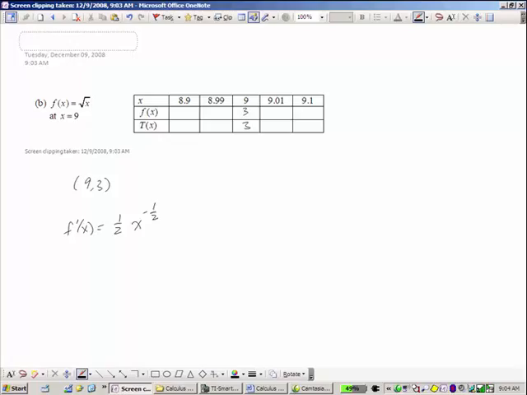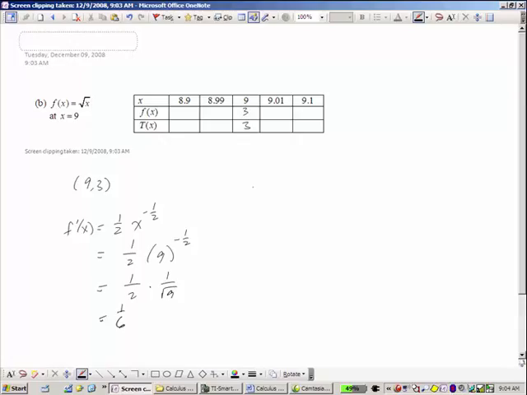When I plug 9 in, I'm going to get 1/2 times 9 to the negative 1/2, which is what? No. This is the 1 over the square root of 9, so 1/2 times 1/3, so it's 1/6.